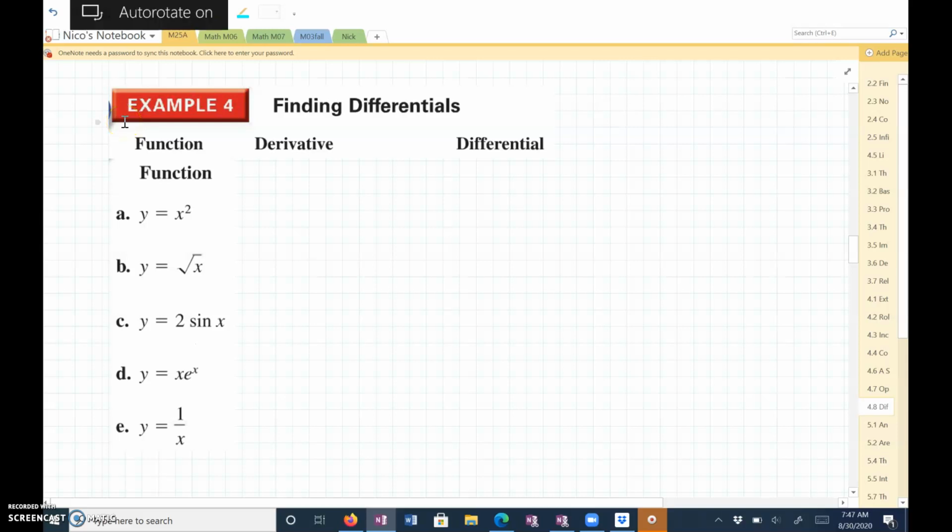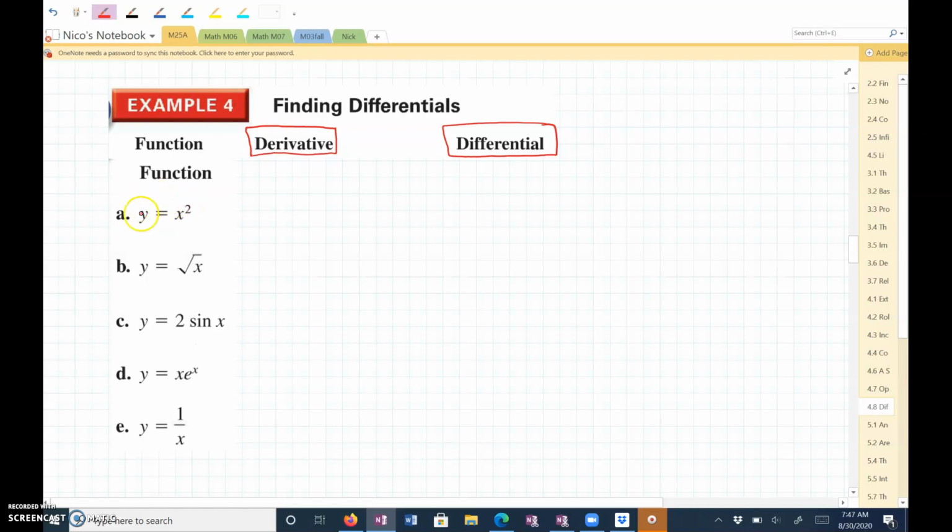Example 4, finding differentials. So we're going to find the differential for each of these parts here, A, B, C, D, and E. The first thing you're going to do is actually find the derivative, and then you're going to take the derivative and turn it into a differential.